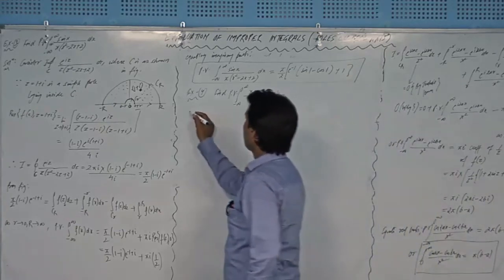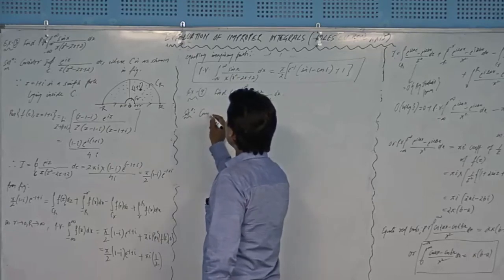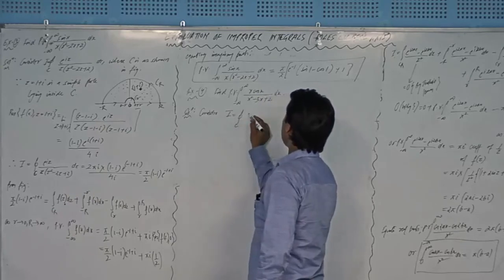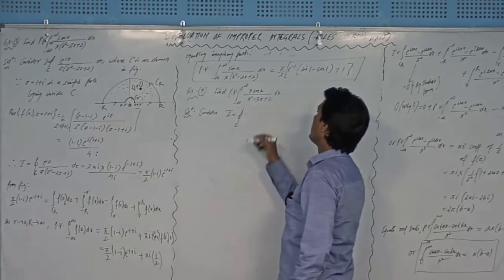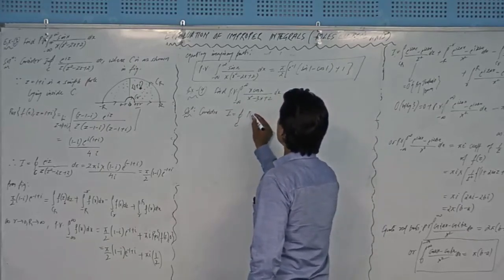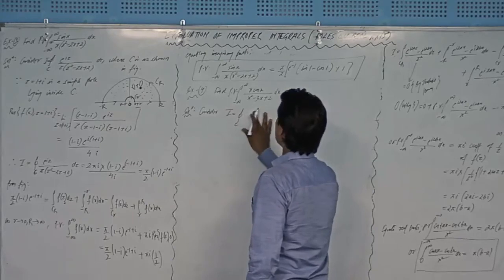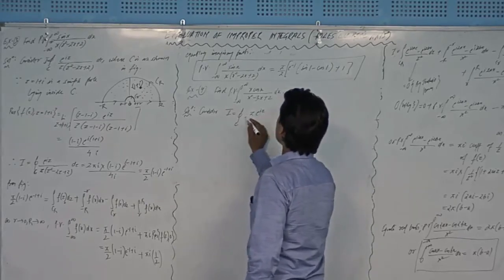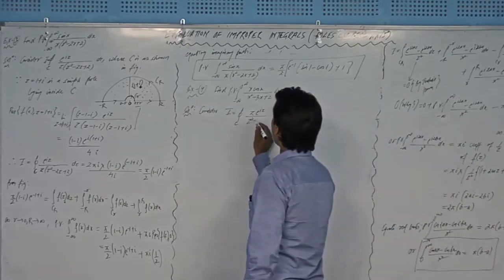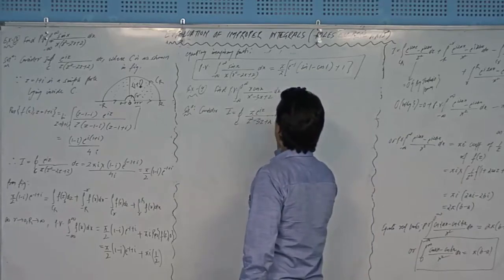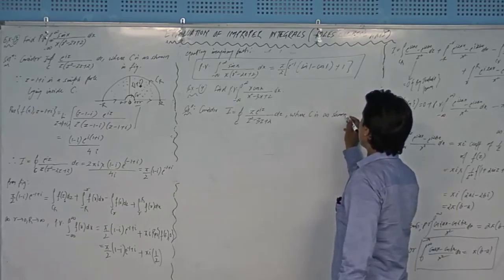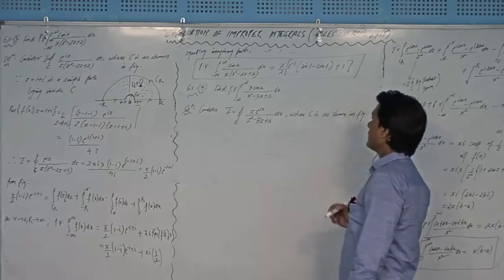Solution: consider the corresponding complex integral, real part of z e to the power iota z over z square minus 3z plus 2 dz, where C is as shown in figure, right?